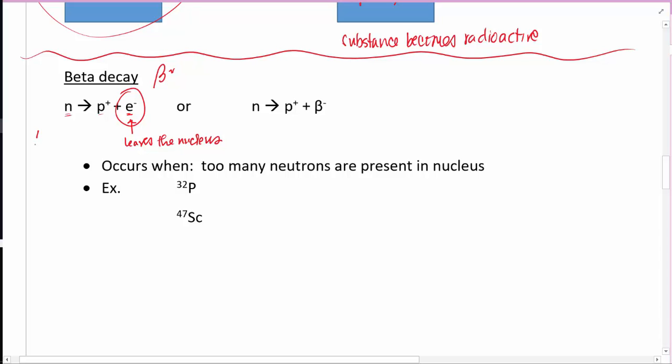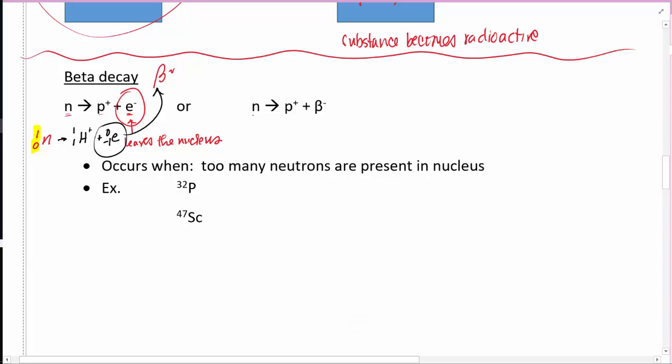One way you may have seen this written before, this is our little abbreviation, right? So no protons, one neutron, can break apart into a proton, which is just a hydrogen ion, and a 0, -1 e. This is the beta particle.